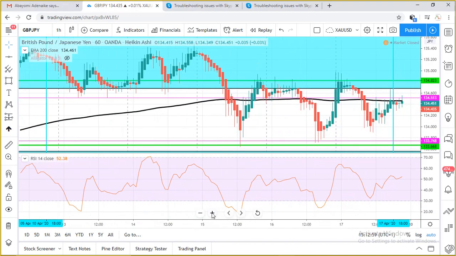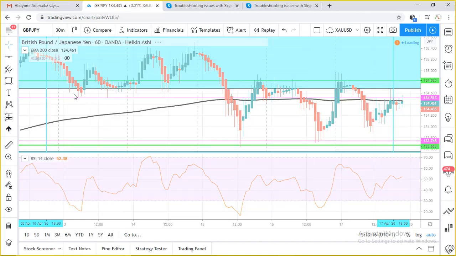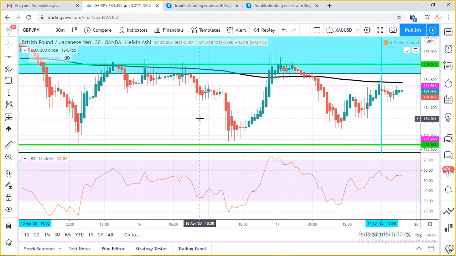The way I drew support and resistance, when price is consolidating like this, we are going to draw a support and resistance, but on what? On 30 minutes candle. Those support and resistance will be our TP point and our entry point.